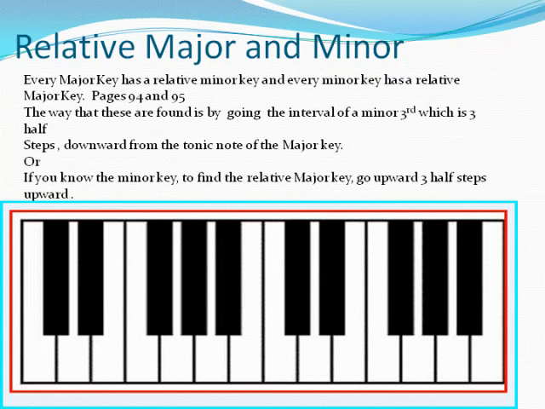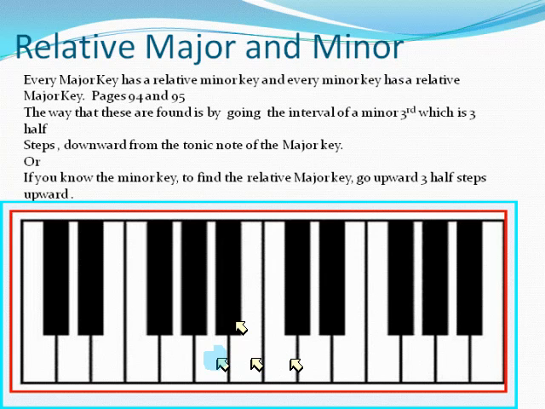We're starting with the key of C major, and I want the relative minor key that goes with it. There's the C. I go down 1 half step, 2 half steps, 3 half steps, and I land on the A right here. That means that A minor is the relative minor of C major.